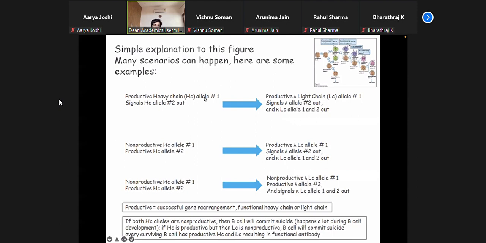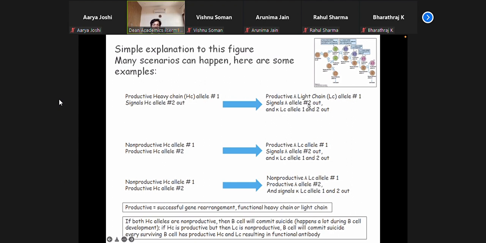Okay. Obviously, this has to start with the light chain rearrangement process afterwards. And then you try to rearrange these light chain gene segments, right? And if you are able to do it successfully at allele number 1, you don't require this to be happening on allele number 2.